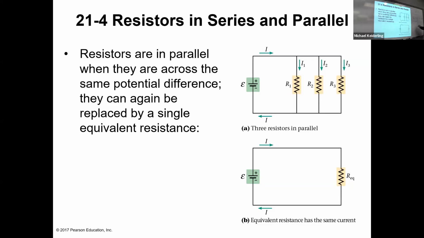So when they are in parallel, the equivalent resistance is 1 over the sum of 1 over the individual resistances, or 1 over R1 plus 1 over R2 plus 1 over R3, or most commonly written something like 1 over R equivalent is 1 over R1 plus 1 over R2 plus 1 over R3.